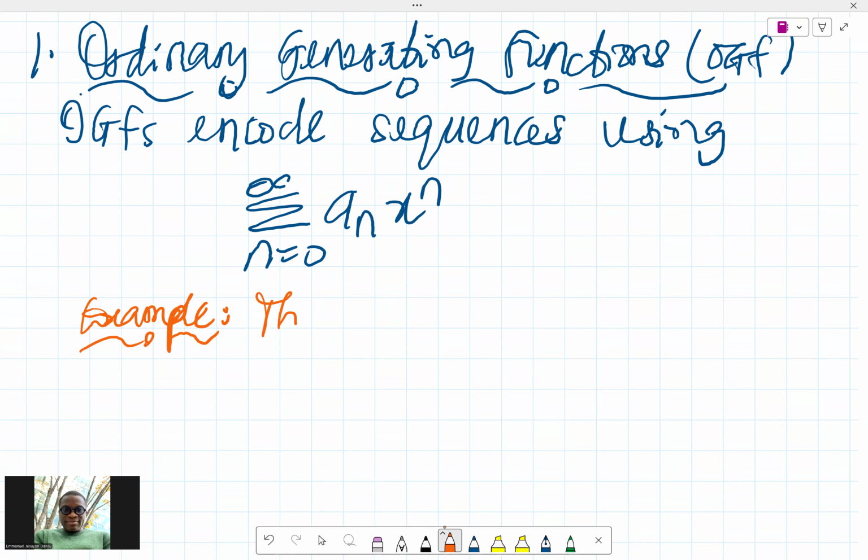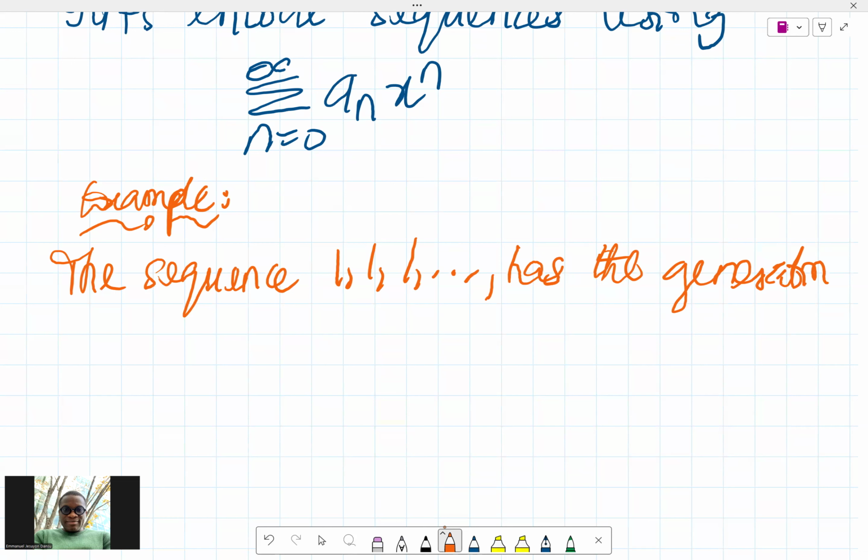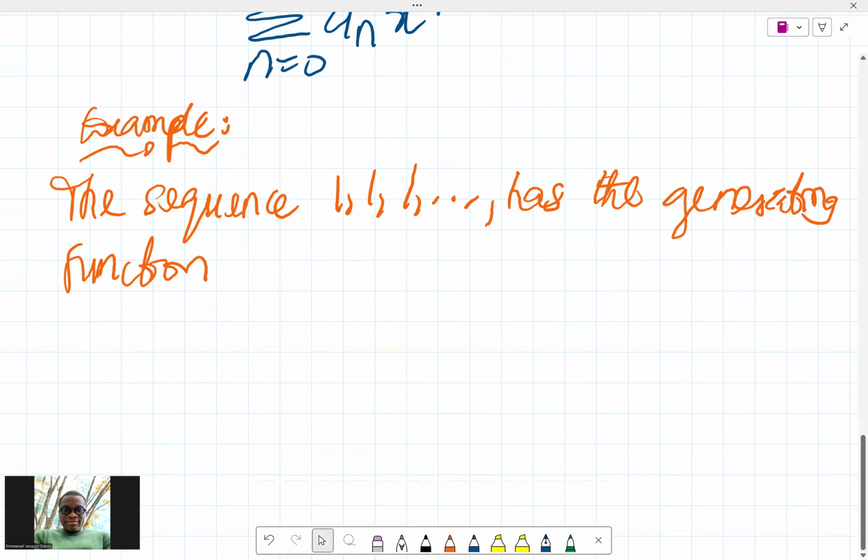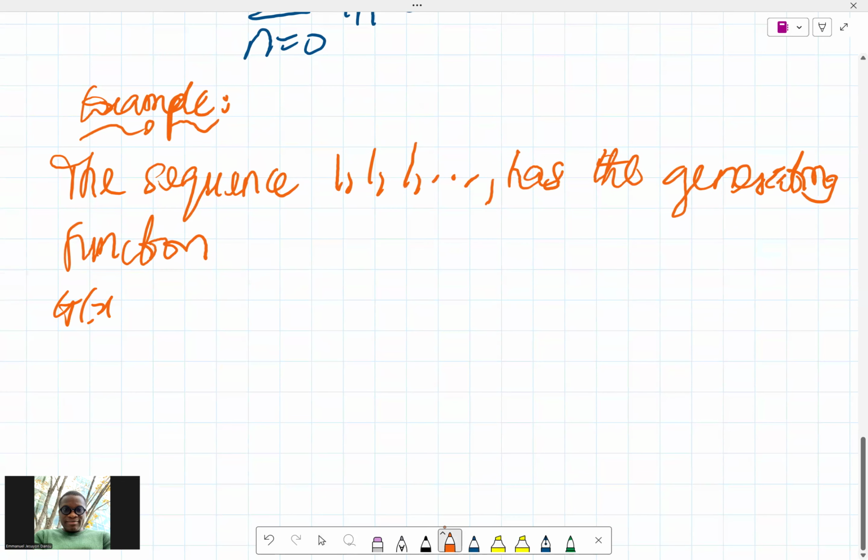So the sequence 1, 1, 1, and so on and so forth actually has the generating function g(x) equals 1 plus x plus x squared plus x cubed, and so on and so forth.